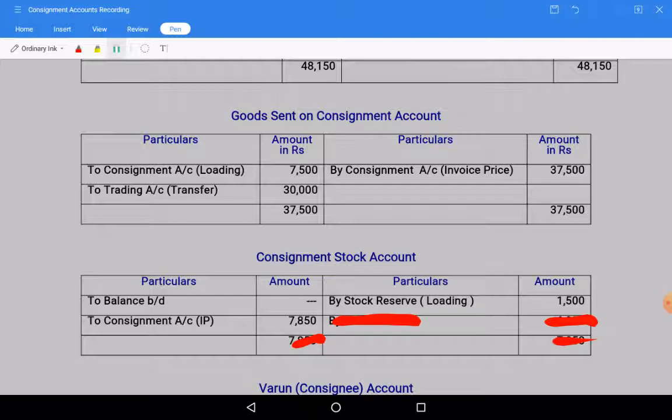Whenever invoice price is there, related loading will be written on the opposite side, and balance carried down will be from 7,850, if you deduct 1,500, it will be 6,350, balancing figure, total 7,850.